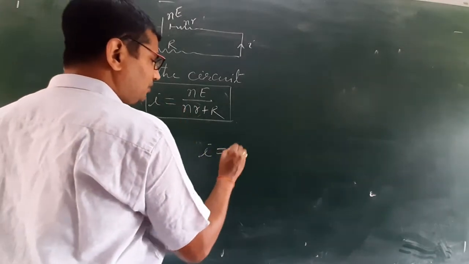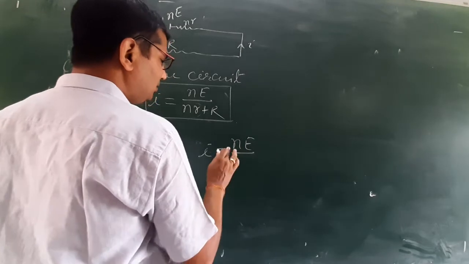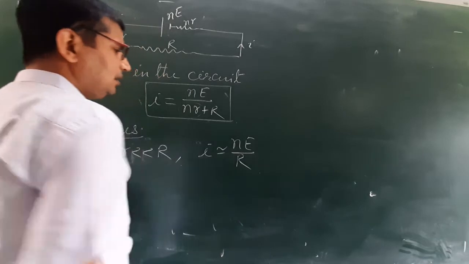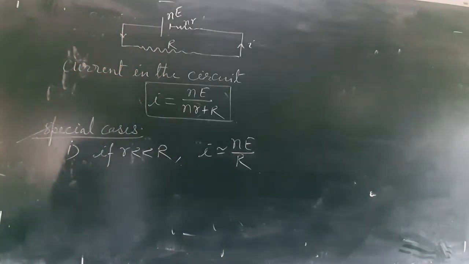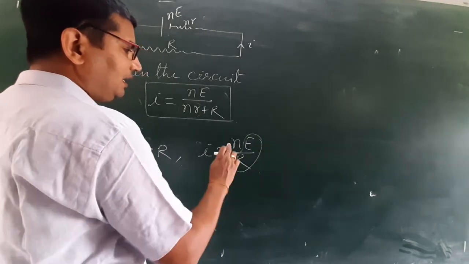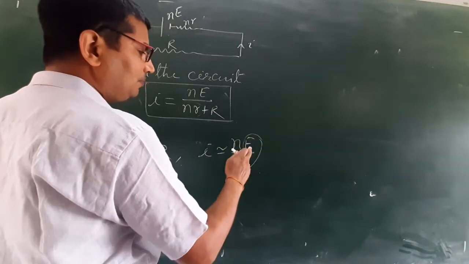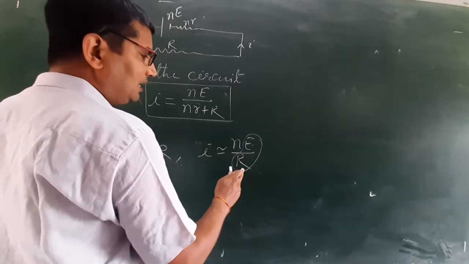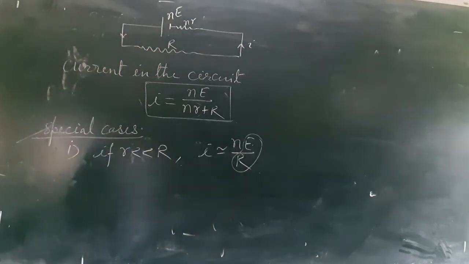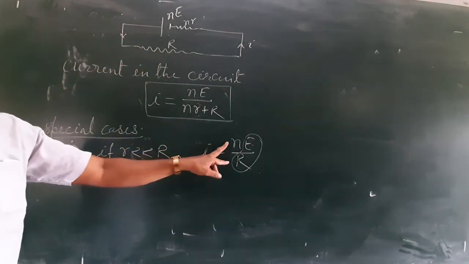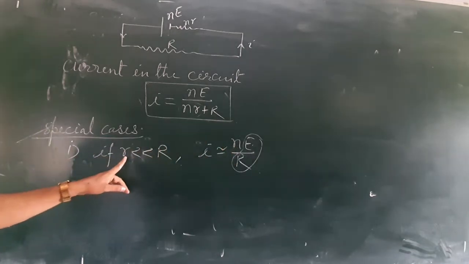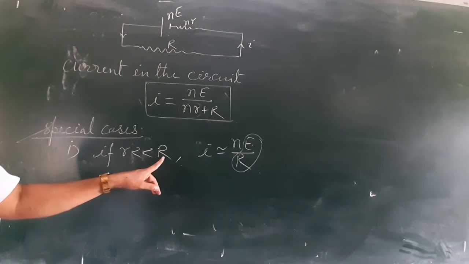So I is approximately equal to nE upon capital R. So you are seeing that you are having n times the current provided by a single cell. E by R is the current provided by a single cell. So this will be n times, means strong current. You can have a strong current in the circuit only when the internal resistance is very small in comparison to the external one.